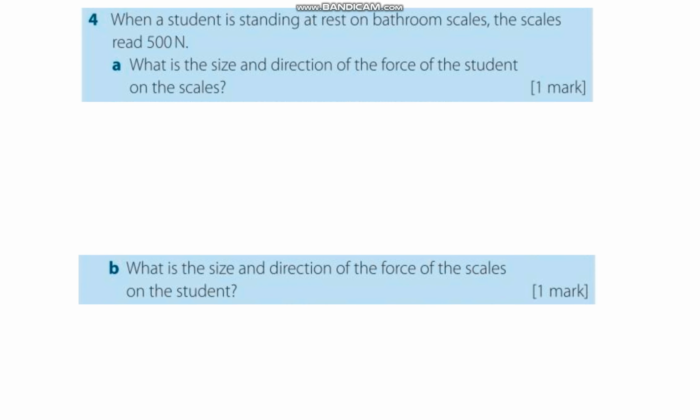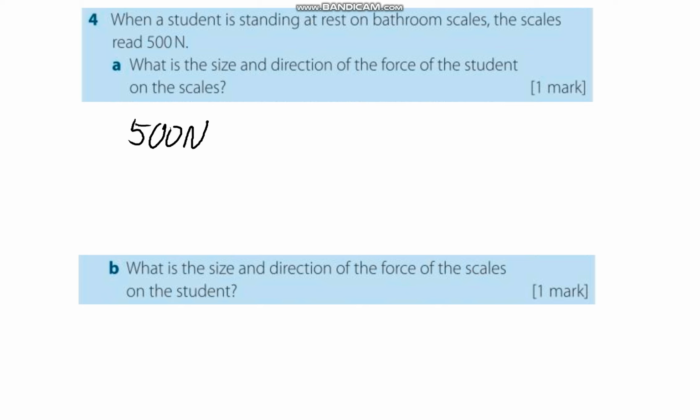Okay, so moving on to question number 4, part A. When a student is standing at rest on bathroom scales, the scales read 500 newtons. What is the size and direction of the force of the student on the scales? So the force of the student on the scales is going to be 500 newtons.